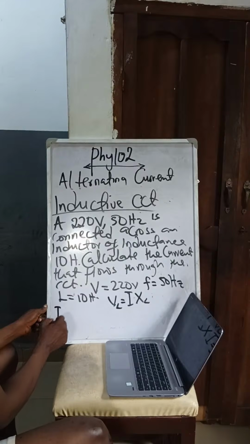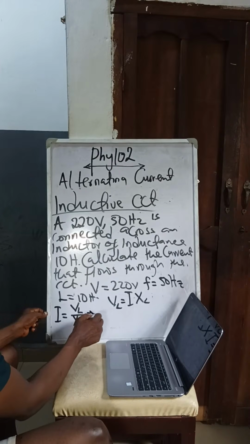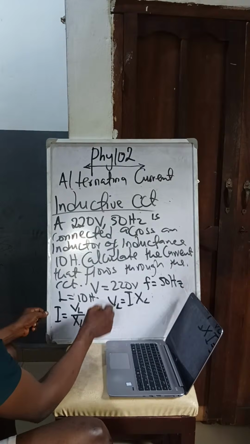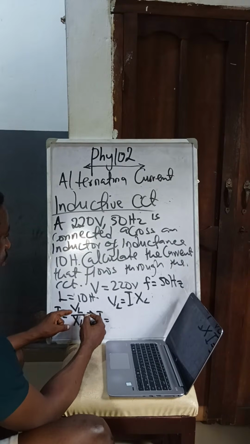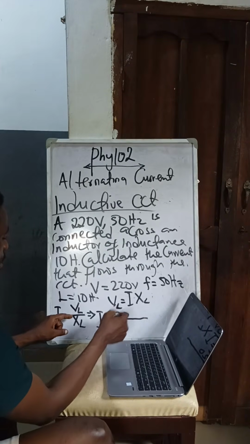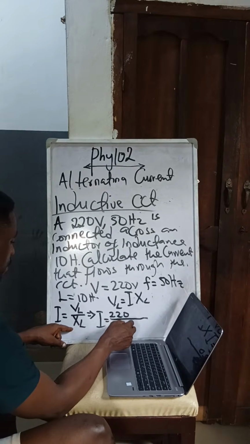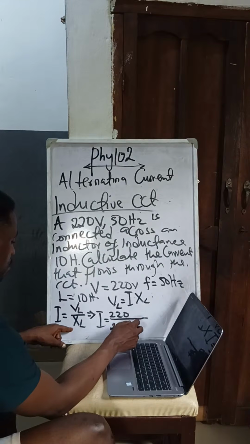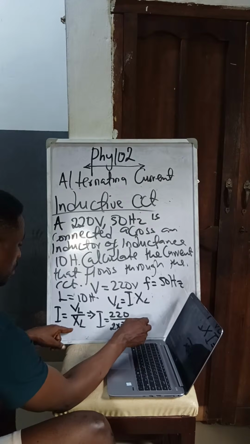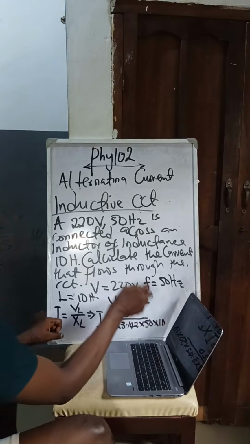So current therefore is equal to VL over XL, which implies that current is equal to 220 over 2 times 3.142 times 50 times Henry 10.